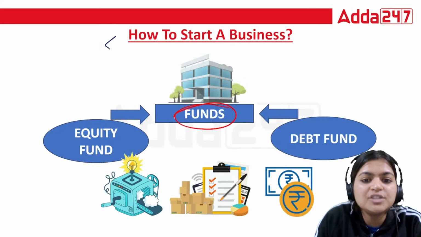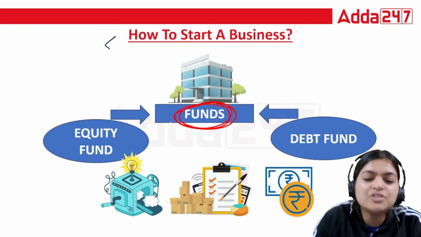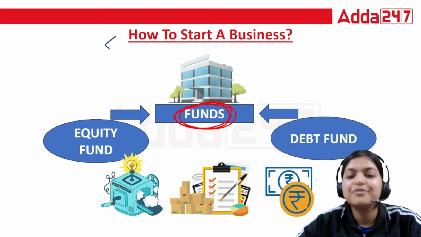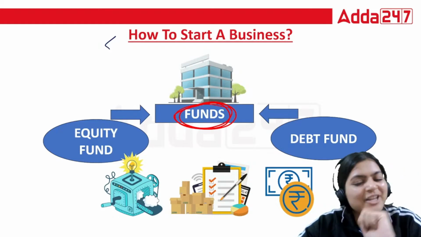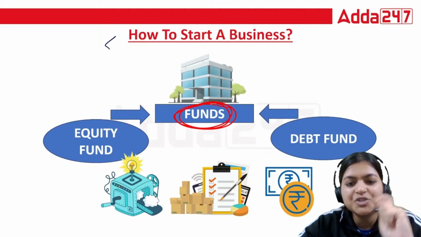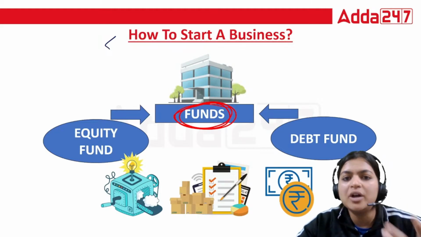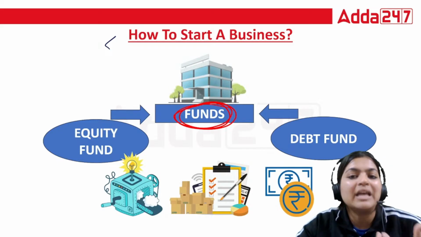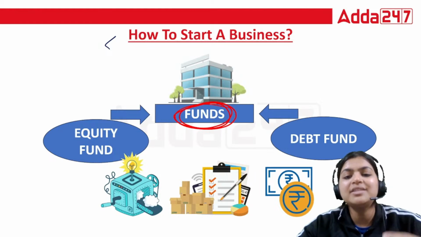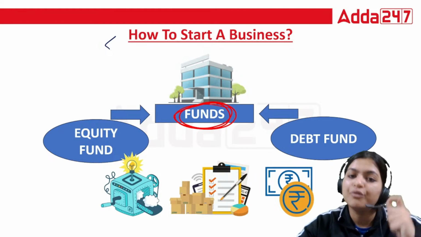No. First, we need to arrange funds. Correct? First, we want money. Then only we can start. We need to purchase goods. Yes, we need to take the property on rent. Yes, we need to appoint employees as well. We need to purchase assets as well. So first thing that we want, that is funds.